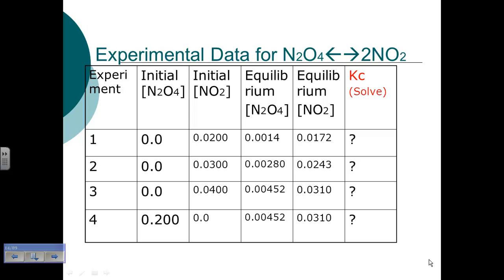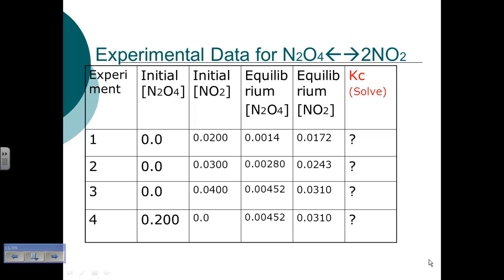First of all, here's our equation for some experimental data. We have 2 units of NO2 forming from 1 unit of N2O4. The reactant here is N2O4, and the product is 2 units of NO2. We ran 4 different trials, varying the initial amounts of the reactant and product.